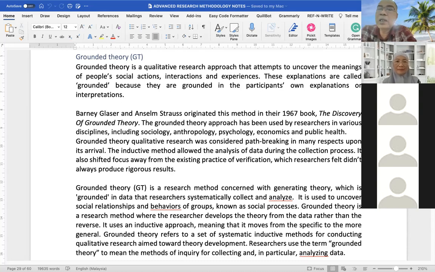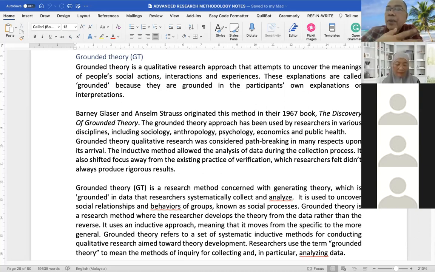There was basically not much theory proposed. So the researcher tries to come up with the theory using the data obtained from the participants' responses, from participants' explanations or participants' interpretations.